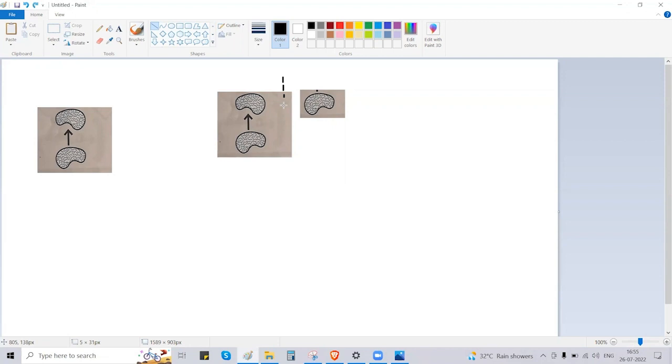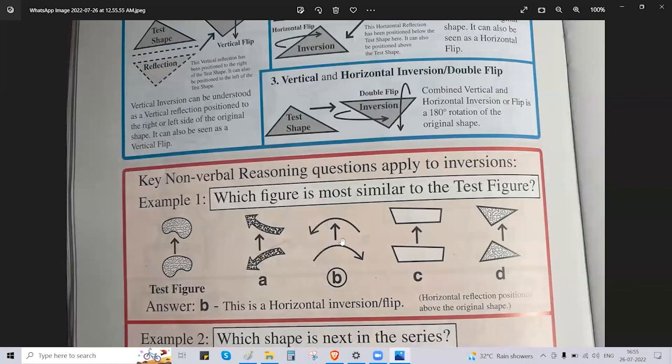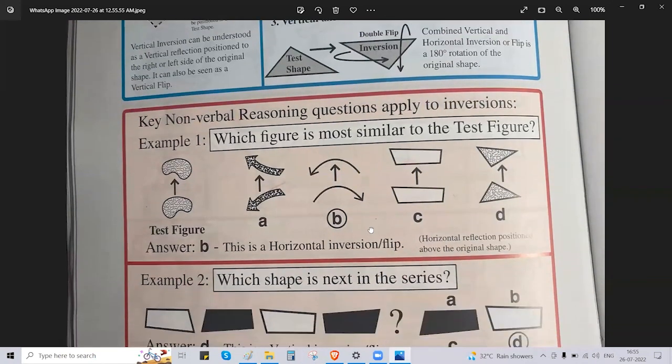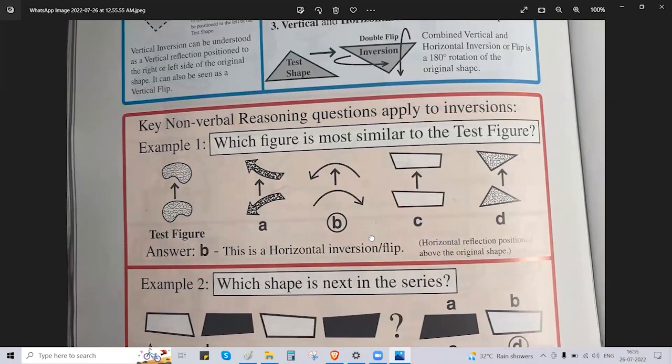So what type of flip is it? It's a horizontal flip. Exactly. So whenever we have a flip, that means there is a mirror between the reflection and the original shape. Now please try the second one.